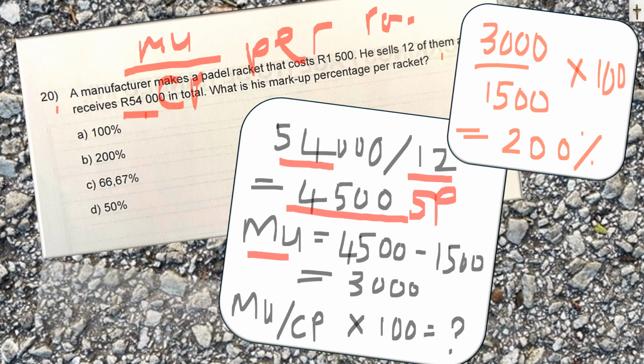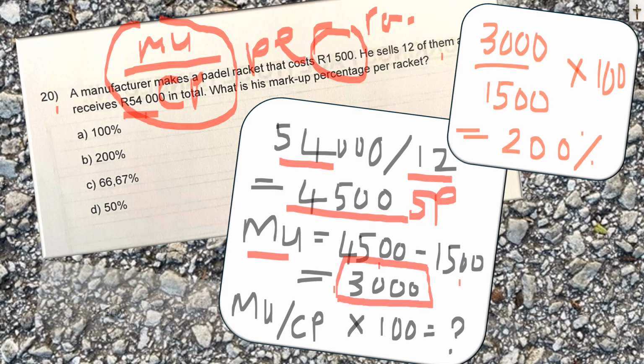But we want the markup because that's our formula there for the question that's asked. The markup is 4,500 minus the cost price per racket. The selling price minus the cost price will give me the markup per racket, which is now 3,000.